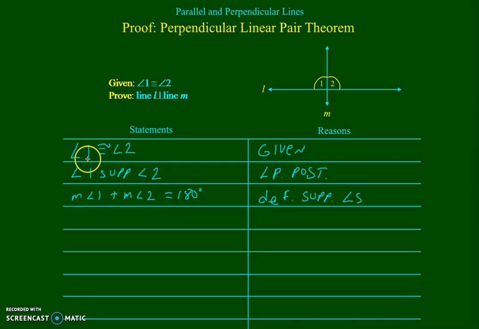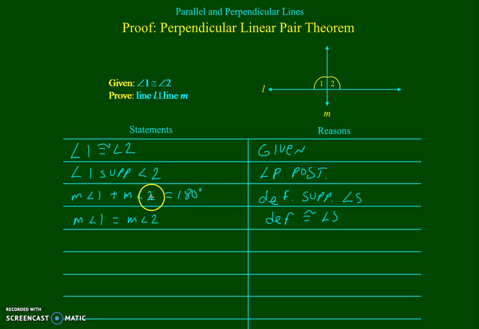So I'm going to use this statement because I know that these two angles are congruent. By the definition of congruent angles, their measures are equal. Now, as I see these things written down, I see that we might have something we can do. If we can substitute this angle 1 for this angle 2, then I would have angle 2 plus angle 2 equals 180.